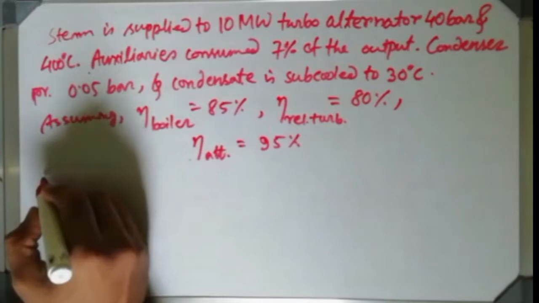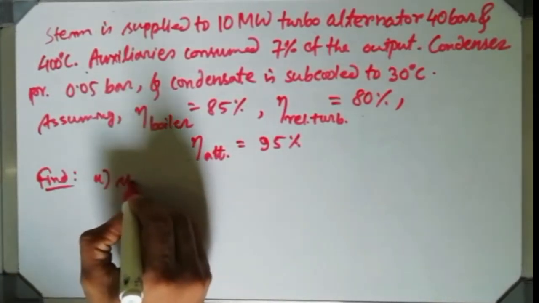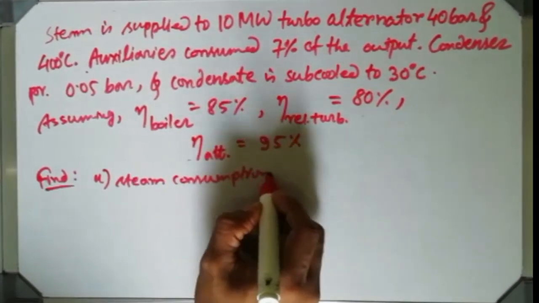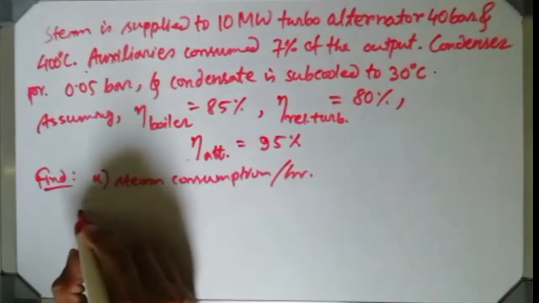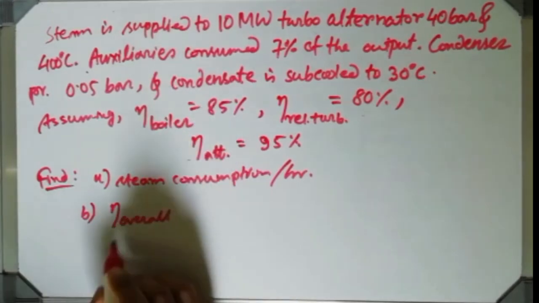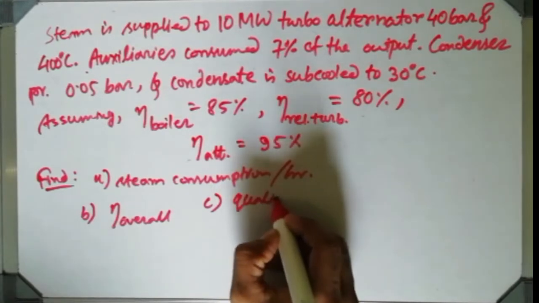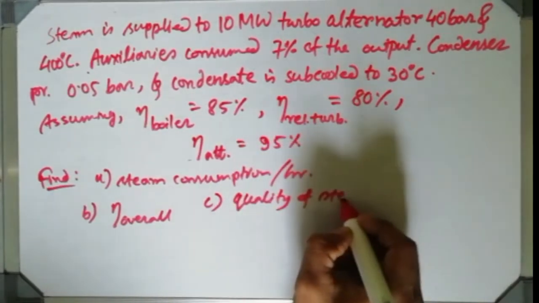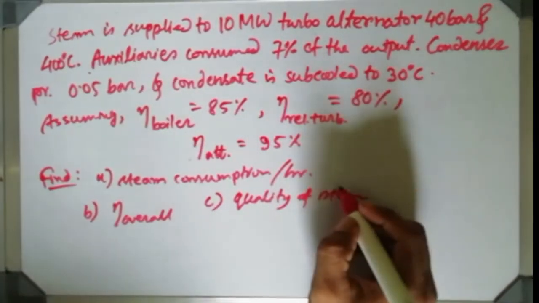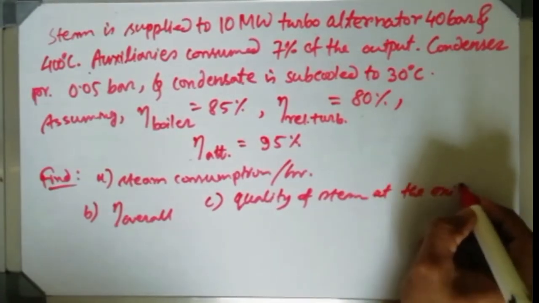Okay, now you have to find the steam consumption per hour, then overall efficiency eta overall, and the quality of steam. Quality of steam means the dryness fraction. These three things. Quality of steam at the exit of the turbine, mind it.